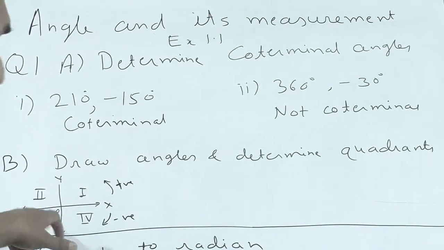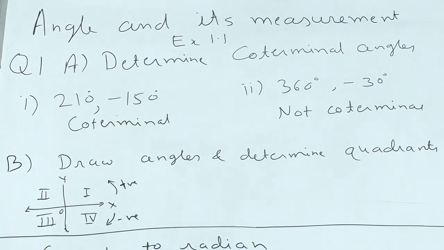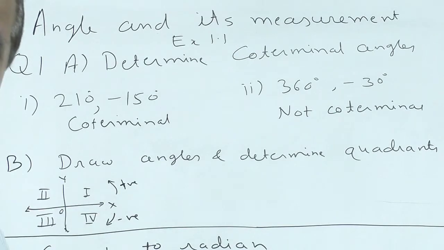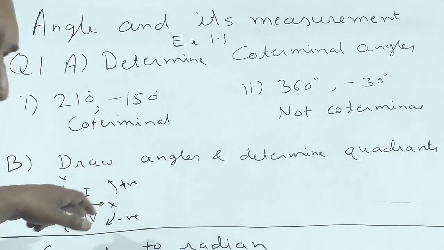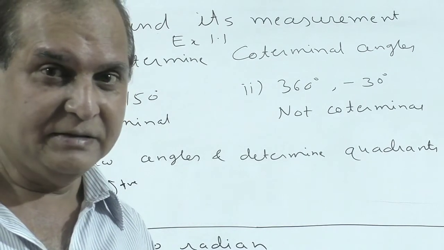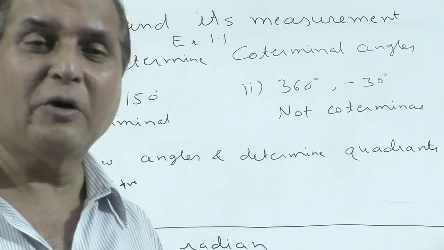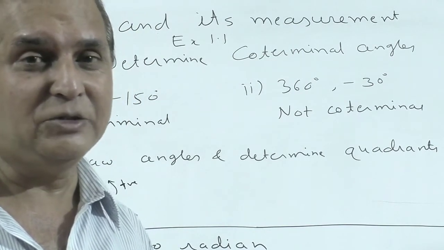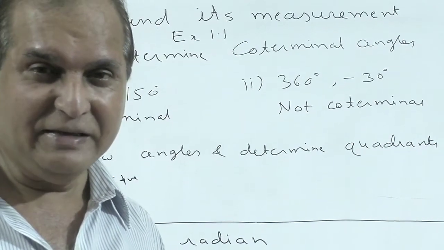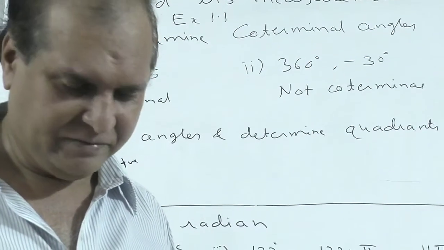Third quadrant is 900 to 990. Fourth is 990 to 1080. Understanding? Positive in this direction, negative in this direction, then your quadrant will come correct. In case of a problem, you tell me. In the next video I will show you all the angles drawing. But this is very easy.